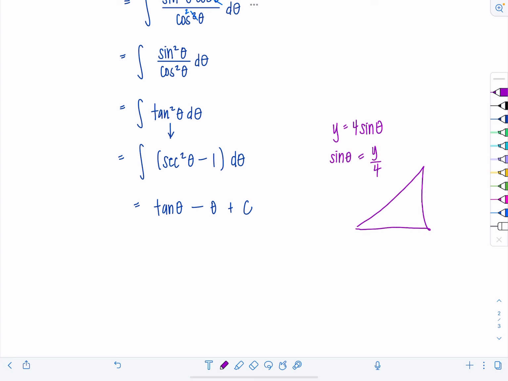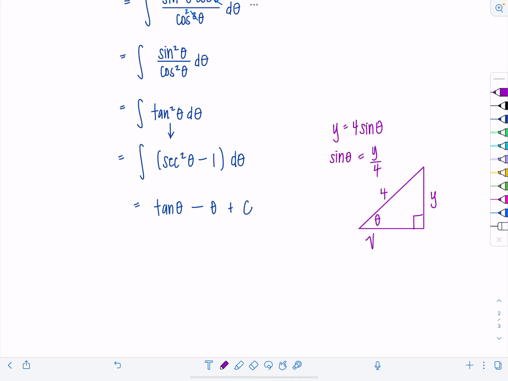And we're going to draw a triangle that represents this, a right triangle, SOHCAHTOA time. So sine theta is the ratio of the opposite side over the hypotenuse. So that's going to be y over here. 4 is the hypotenuse. And then just use the Pythagorean theorem to find the missing side.